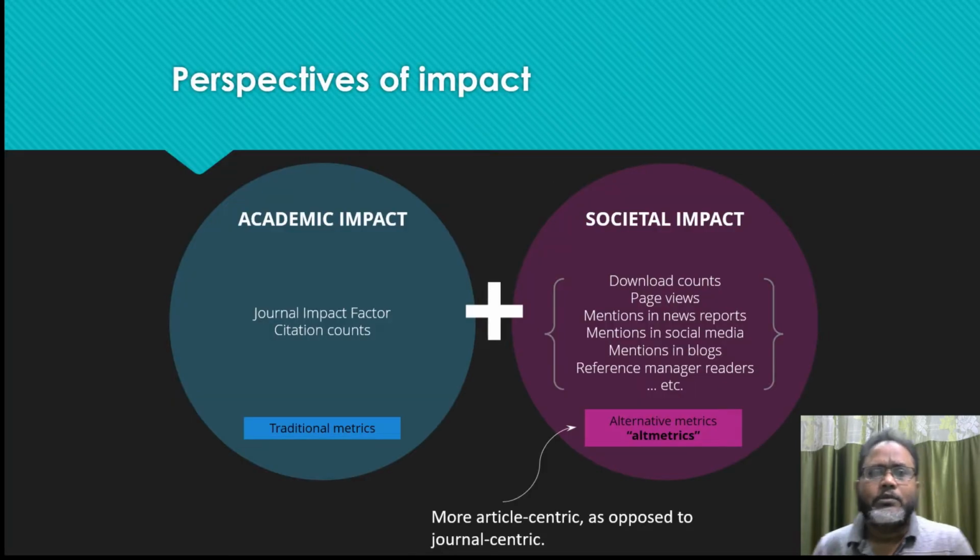So now, from these perspectives of impact, the next one is the academic impact. If you think about the impact of one research, you will see that we have the academic impact, and at the same time we have social impact.